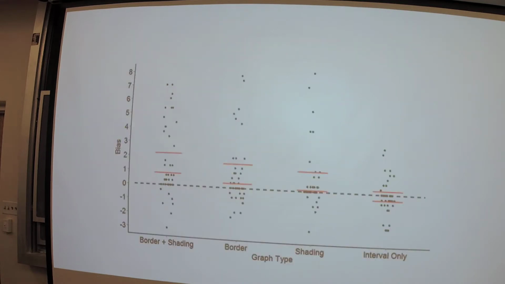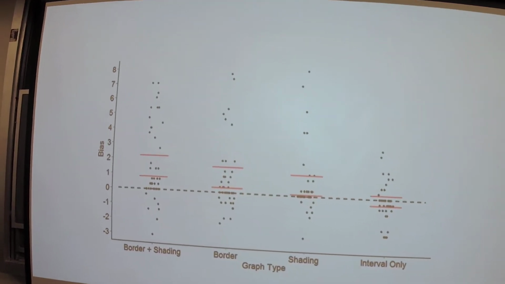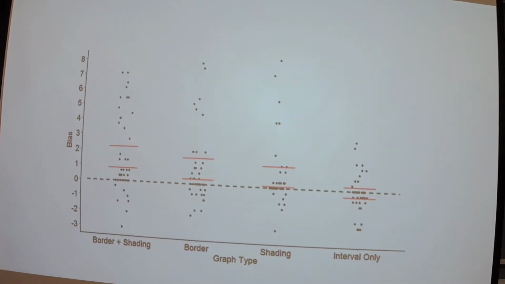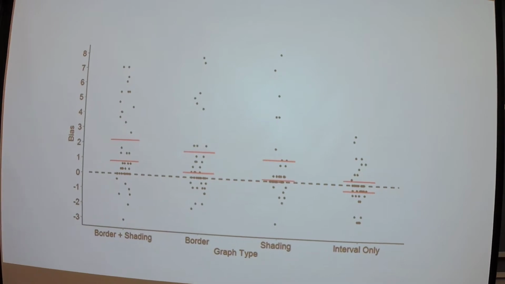So let's say this one here. What are the marks? The dots. Any other marks? The red lines. Yes, we have the red lines here, which show us some statistical information. Great. What is the channel? Position. Yes. Can you be more specific? There are two types of position used here.